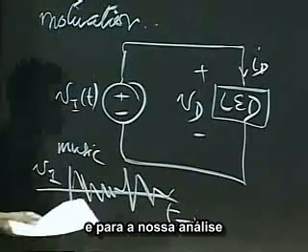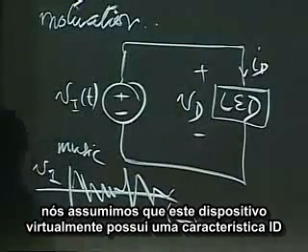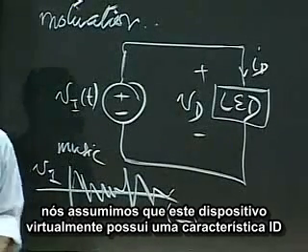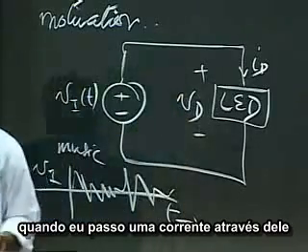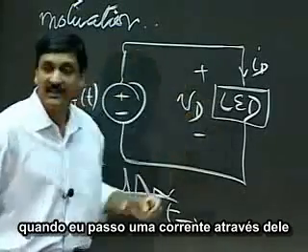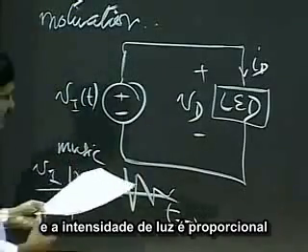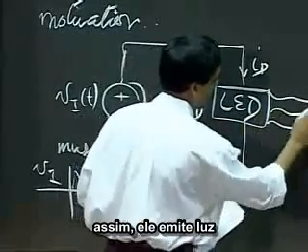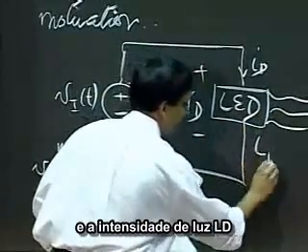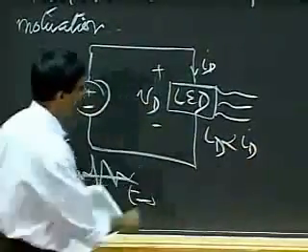And for our analysis, we will assume that this device has an identical IV characteristic to the export dweeb, just that it emits light. When I pass a current through it, it emits light, and the light intensity is proportional to the current that flows through. So light intensity LD is proportional to iD.